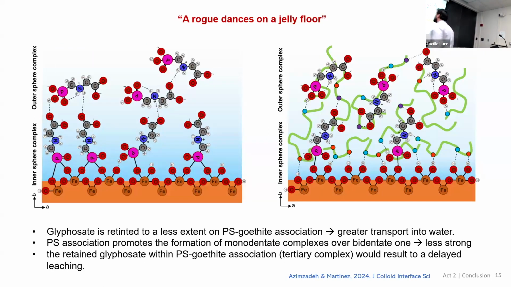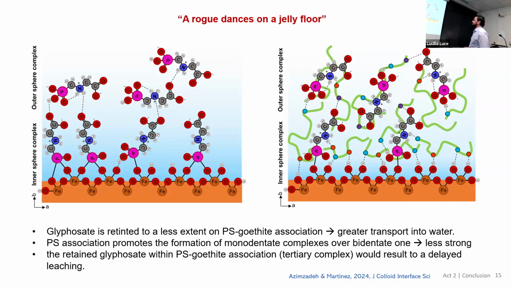In summary, now you know why glyphosate dances on goethite. It's more mobile. Glyphosate is retained to a lesser extent, which we can find from just comparing those peaks.